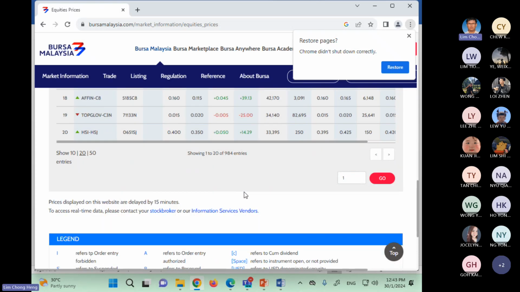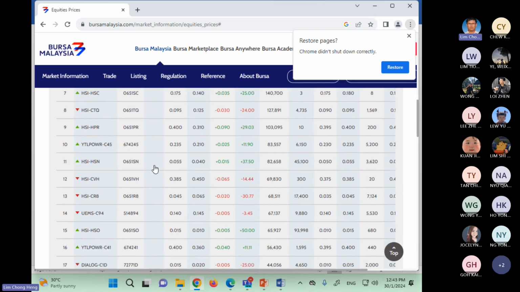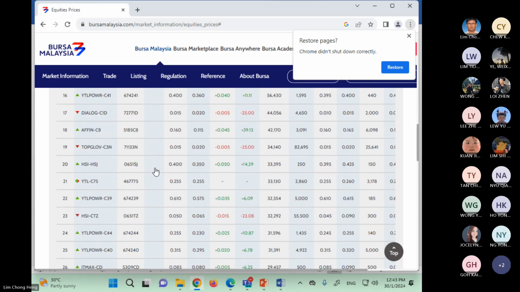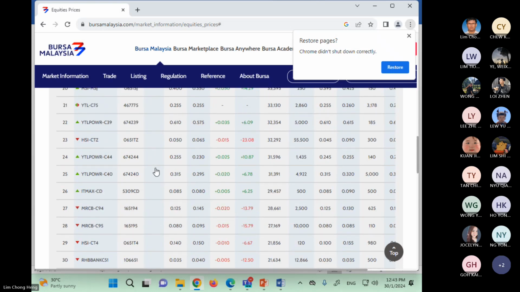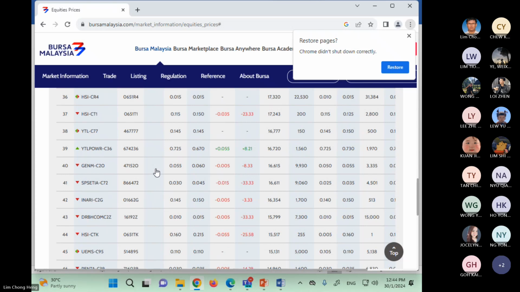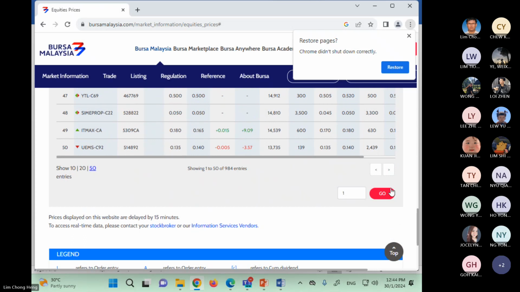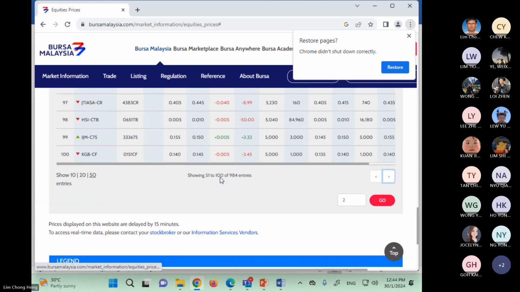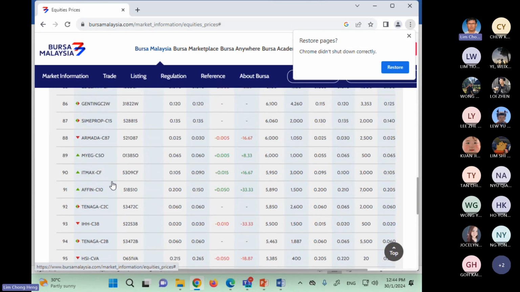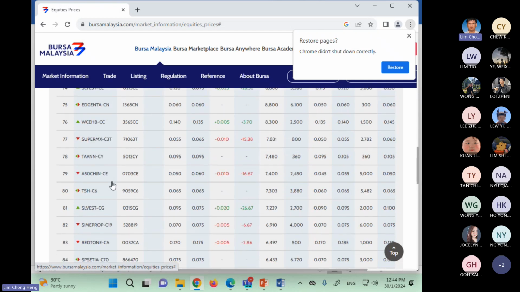We still have one more type, W. Let me check first. W actually is quite rare in Malaysia.